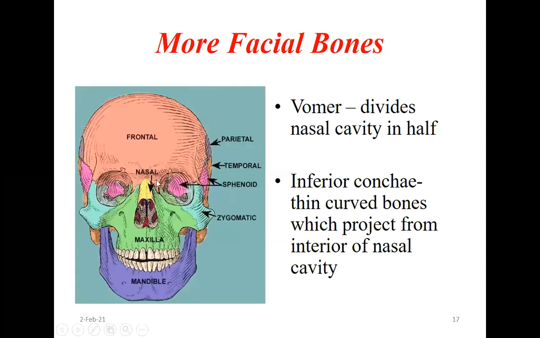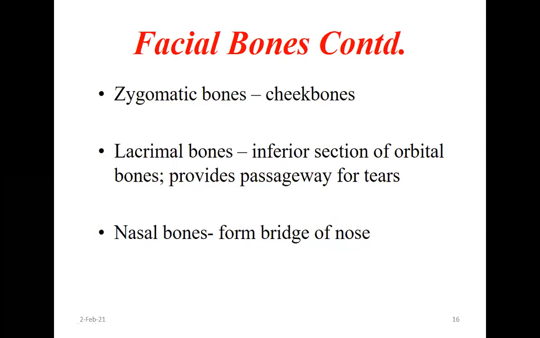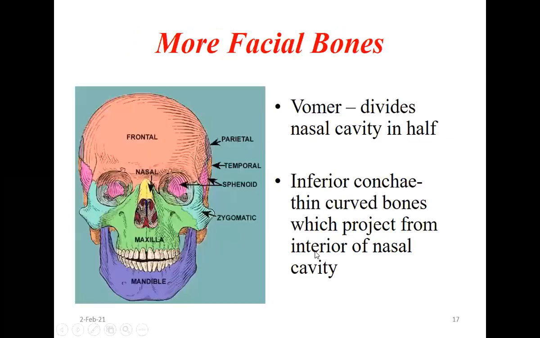There will be a lacrimal bone on either side. Then there are the nasal bones, which form the bridge of the nose. In the center there will be nasal bones which form the bridge of the nose.